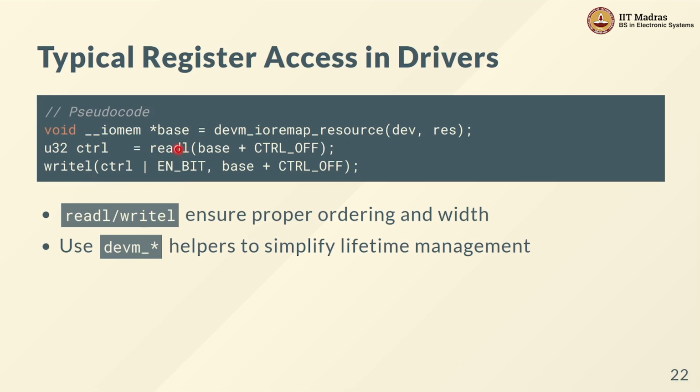At the end of the day, it is just read from star base or write into star base, but this does a little bit of extra checking before the access is completed.